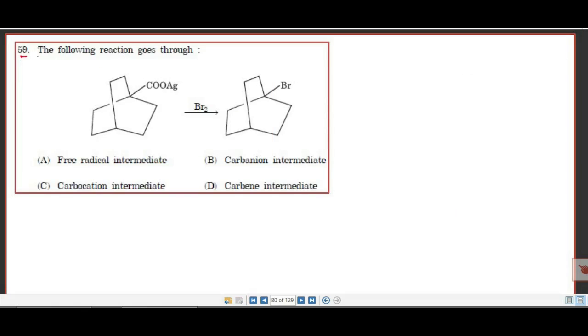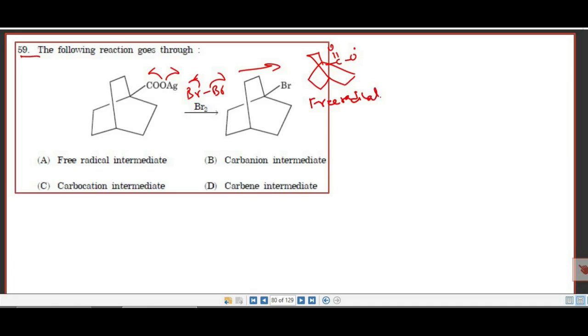Now question number 59. This reaction goes through which intermediate: free radical, carbanion, carbocation, or carbene. The intermediate was asked. Here you see in COOAg, this cleaves, and this Br cleaves to give a COO radical. It's a free radical.